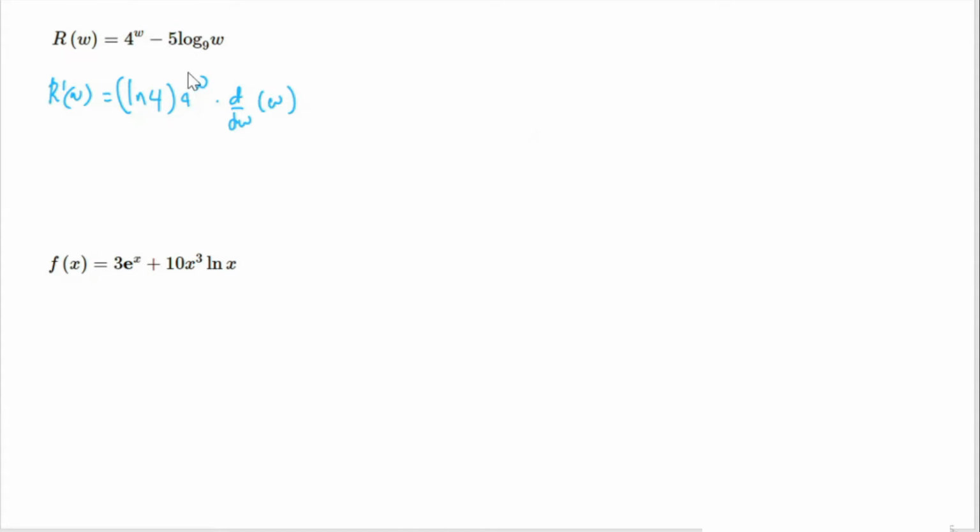So let's move on first to the second term. We have the negative 5 logarithm of w to the base of 9. According to the formula, we are going to write first negative 5 times 1 over ln of 9 times w, and then take the derivative of u, so d over dw of w.